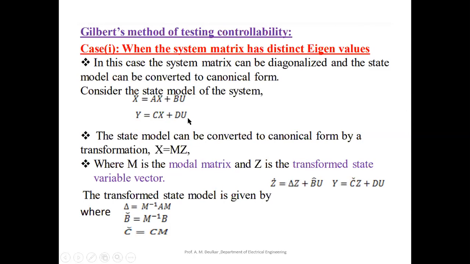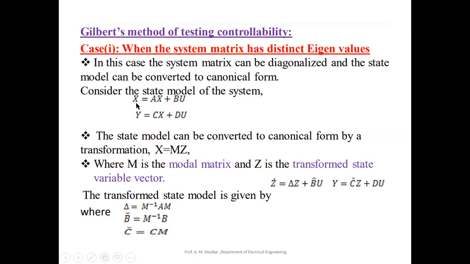With the transformation variable z, we are transforming this state variable x to the state variable z using the relationship x is equal to M into z, where M is called the model matrix and z is the transformed state variable.